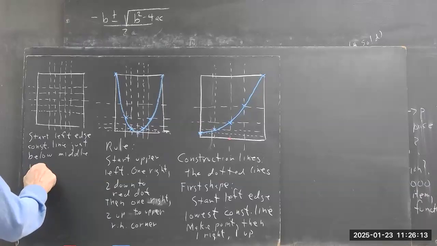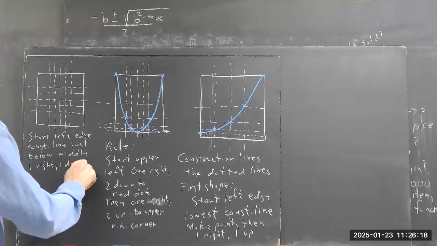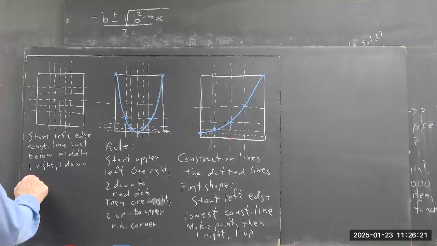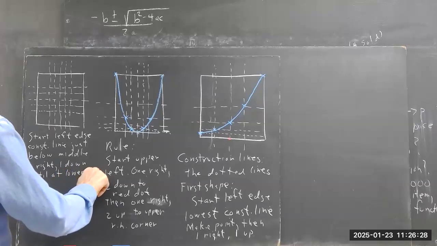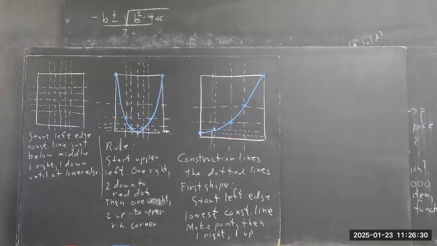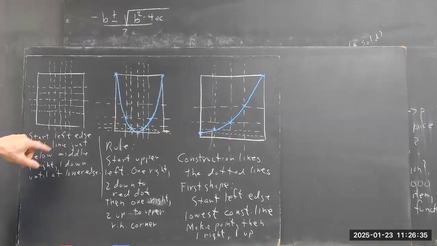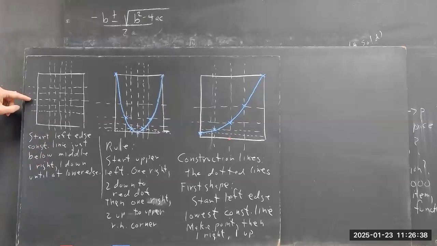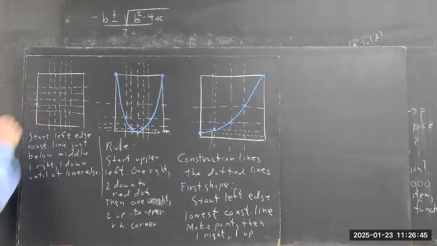And then one right, one down until you're at the lower edge. So left edge, the construction line just below the middle. Here's the middle. Here's the construction line just below the middle, the closest construction line to the middle, and there's your point.